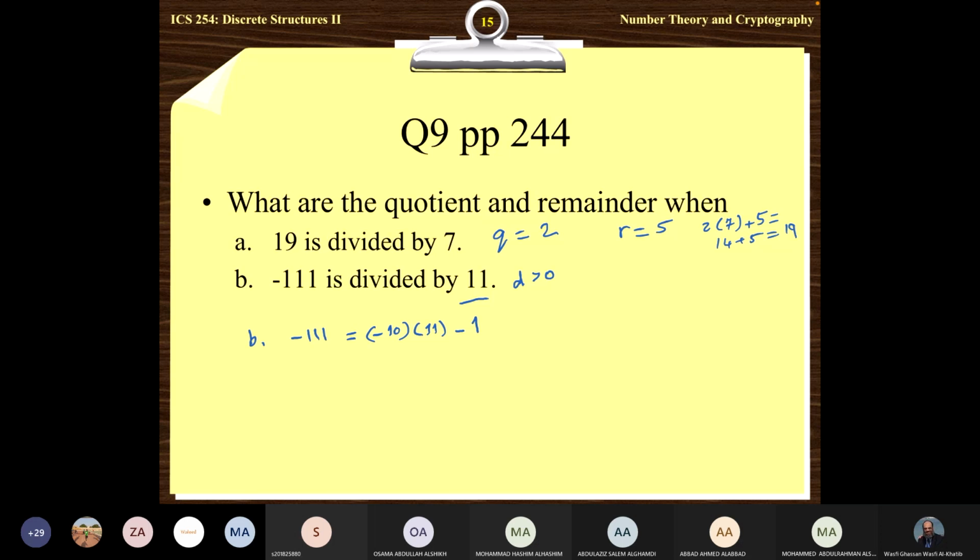From this equation, can anybody tell me how can I fix it, such that R becomes greater than or equal to 0? Make it minus 11 instead of minus 10. Multiply by minus 1?